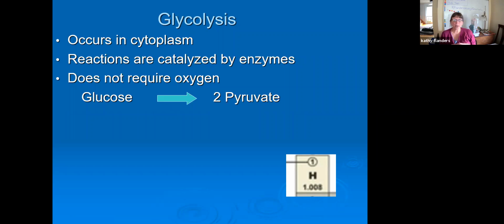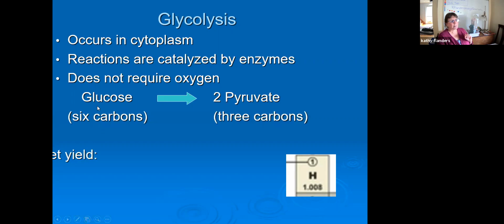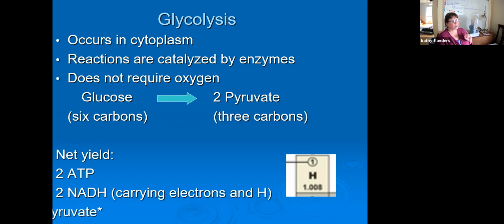The other thing that makes glycolysis different is that it's in the cytoplasm. So we talk about ATP production, and most all ATP production is going to be in the mitochondria. The small exception here is where we get a little bit of ATP from our breakdown of glucose.